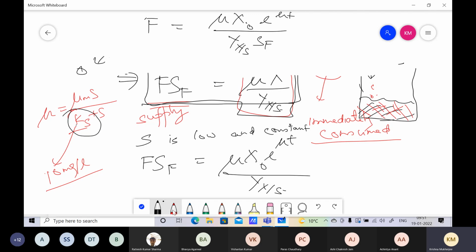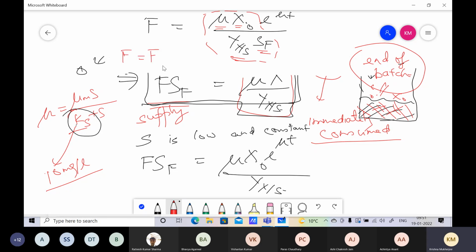So notice that of these things, mu is a constant, x naught is the value that you achieve at the end of batch, which was 5 grams. End of batch is x naught. So that is where you start the feed. And Yx by s is known to you. SF is of course known to you. So these 4 things are all constants. So F is equal to F naught e raised to mu t, where F naught is nothing but mu x naught upon Yx by s into SF. Right? Are you getting this?